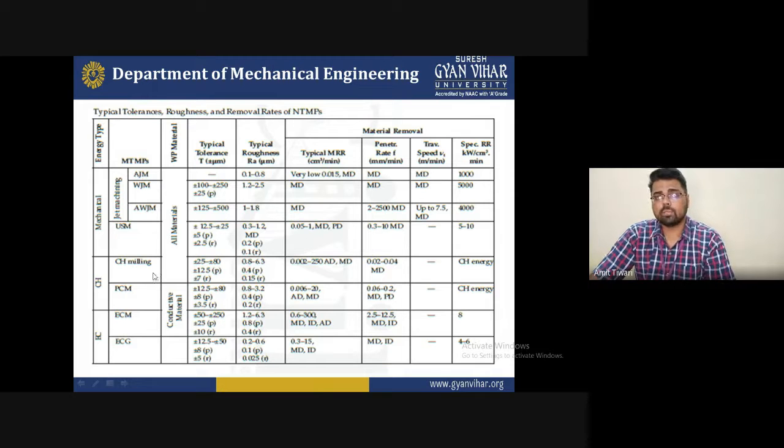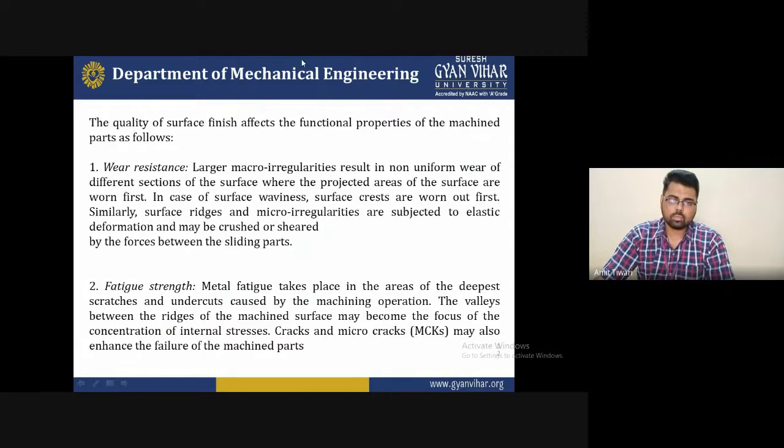So you must keep in mind that whenever you select very high machining parameters, the surface quality and finishing of the surface will increase, and we can also set a tolerance level. This chart will help you understand the typical tolerance, roughness and removal rate of the machines.